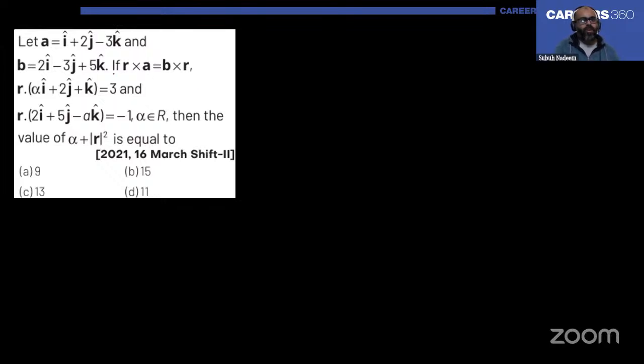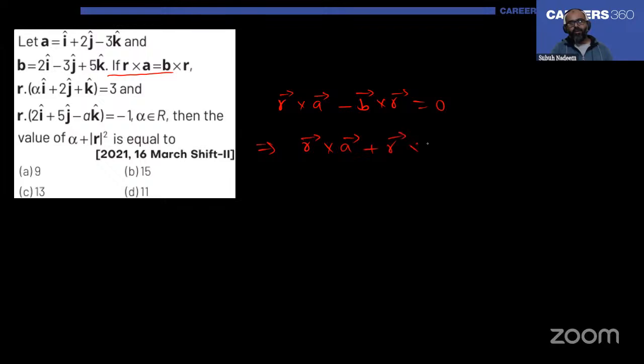Okay. So let us start from here. This is R cross A is equal to B cross R. So we can write it as R cross A minus B cross R is equal to 0. This means R cross A plus R cross B is equal to 0.